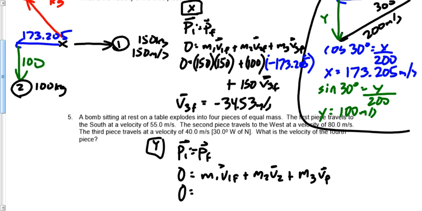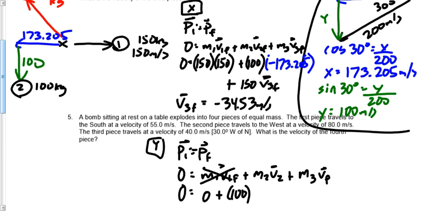What's the final momentum y component of object number 1? The final y, object number 1. How much of that 150 meters per second is on the y-axis? None. M2 is 100. How much of that original 200 meters per second that's dead to us now is on the y-axis?